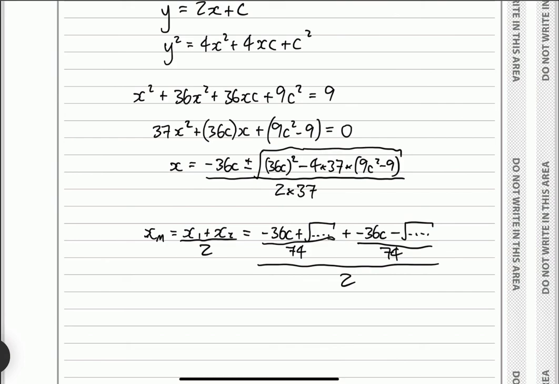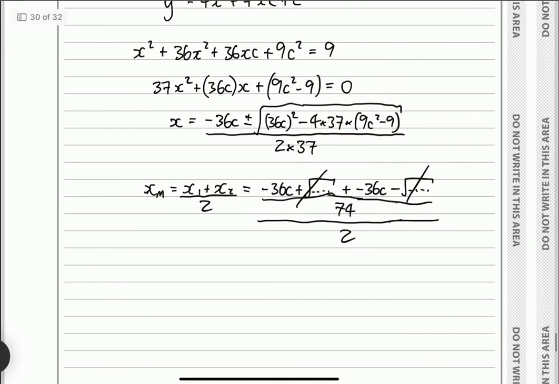So as we put this over a common denominator of 74, I hope it's clear that that cancels with that, and we get minus 72c over 74 divided by 2, which is minus 36c over 74, which simplifies further to minus 18c over 37. So that's the x-coordinate of the midpoint M.